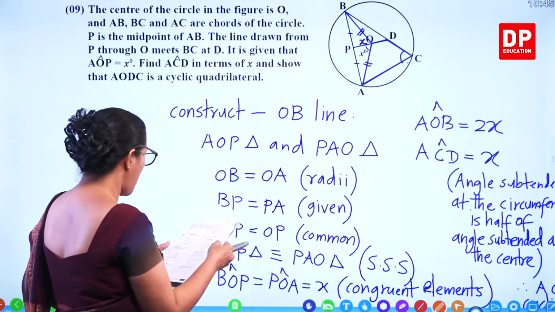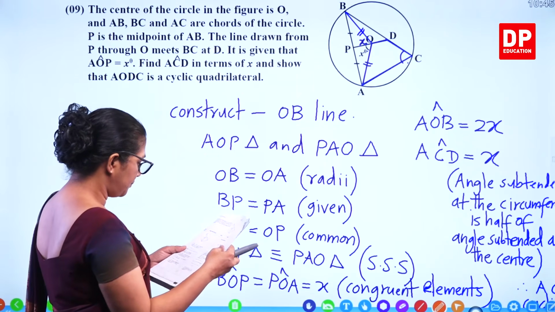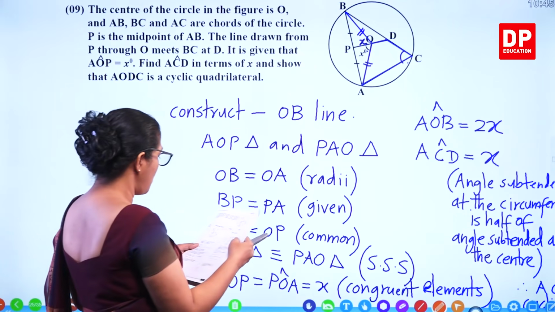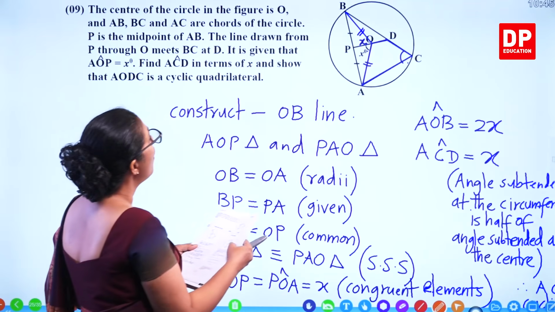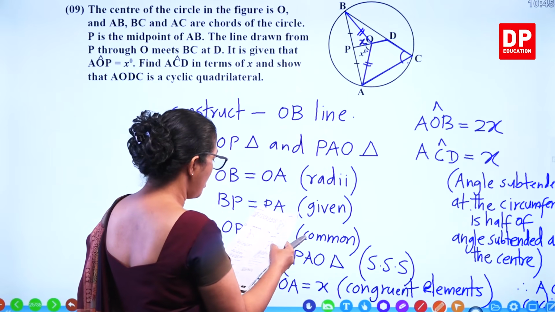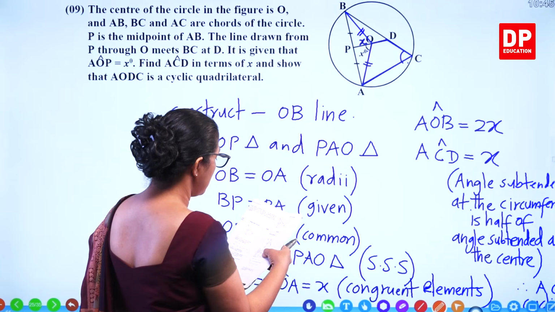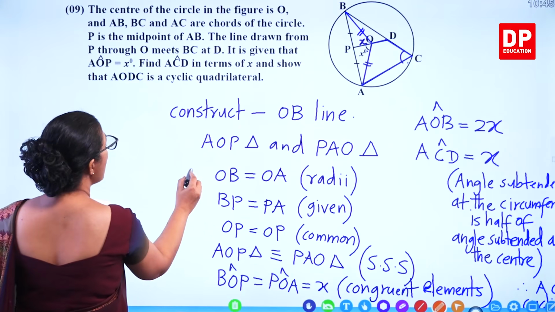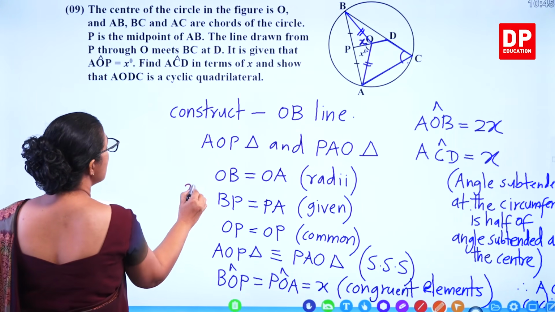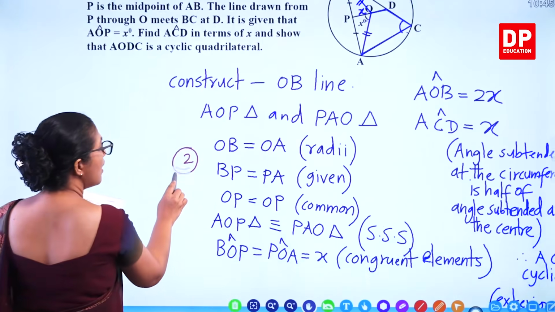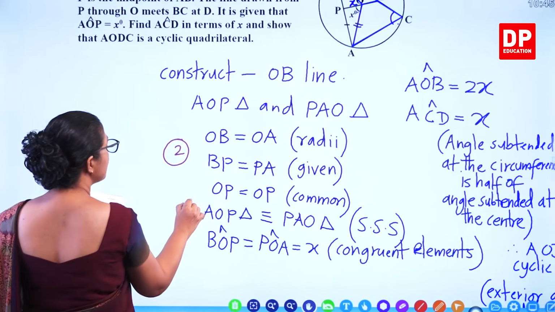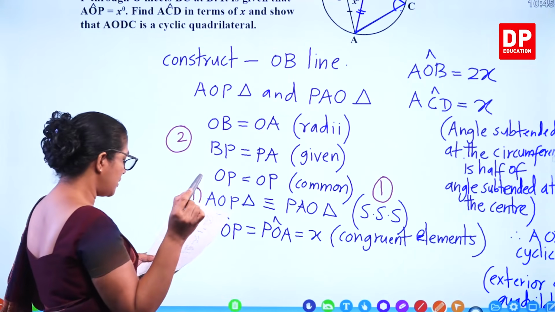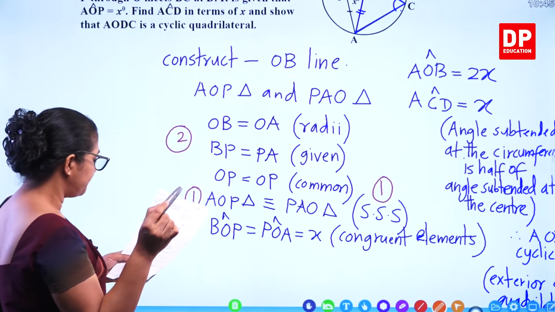When you take the marking scheme, you are getting 2 marks for writing down all these, and this is congruent 1 mark, and the SSS case 1 mark. So 2, 3, 4.